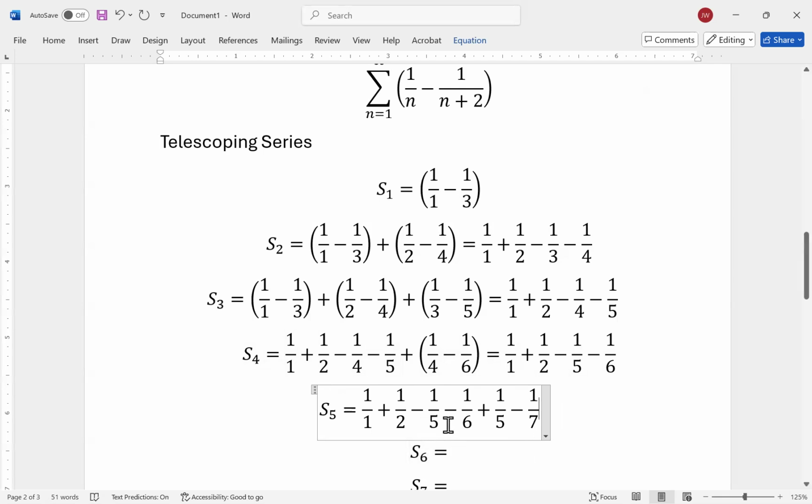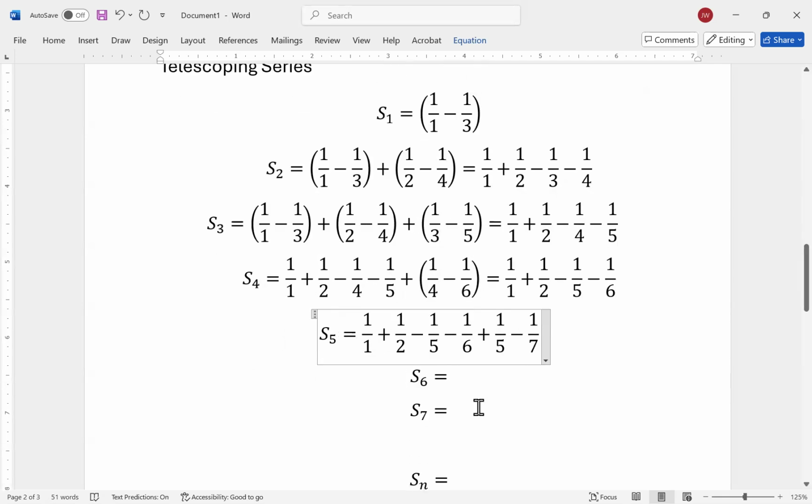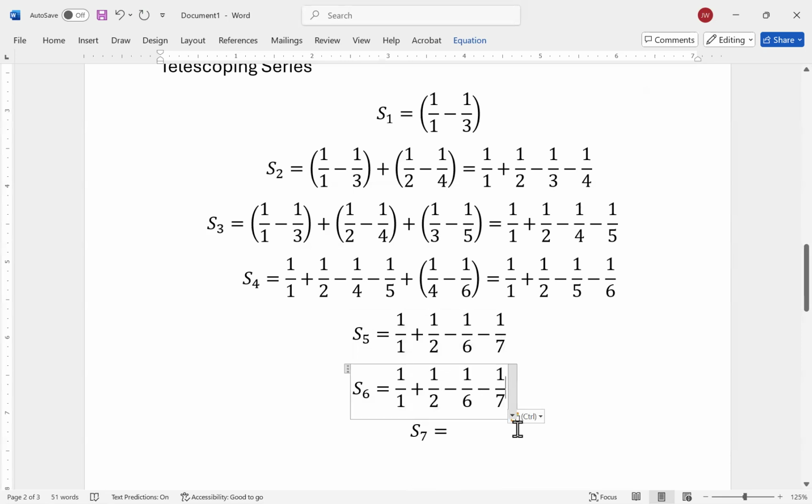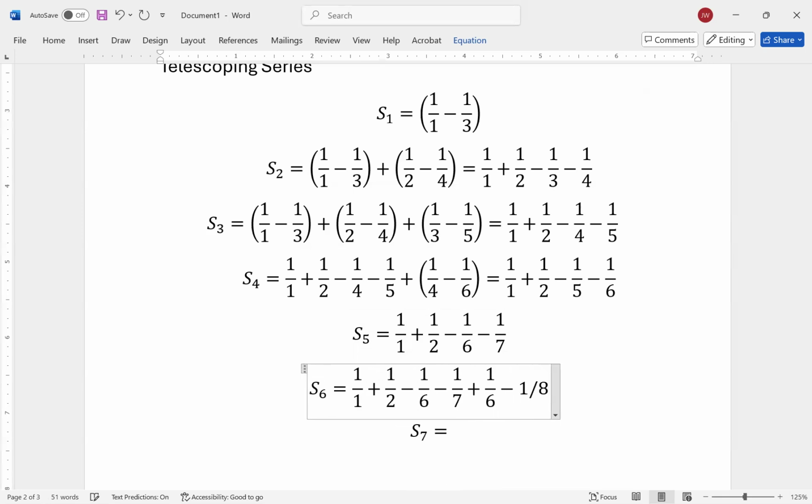The minus 1/5 and the plus 1/5 are going to cancel each other out. So that's what you get for the fifth term. And in the sixth term, you take the sum of the first five, and then you'd add 1/6 and subtract 1/8.